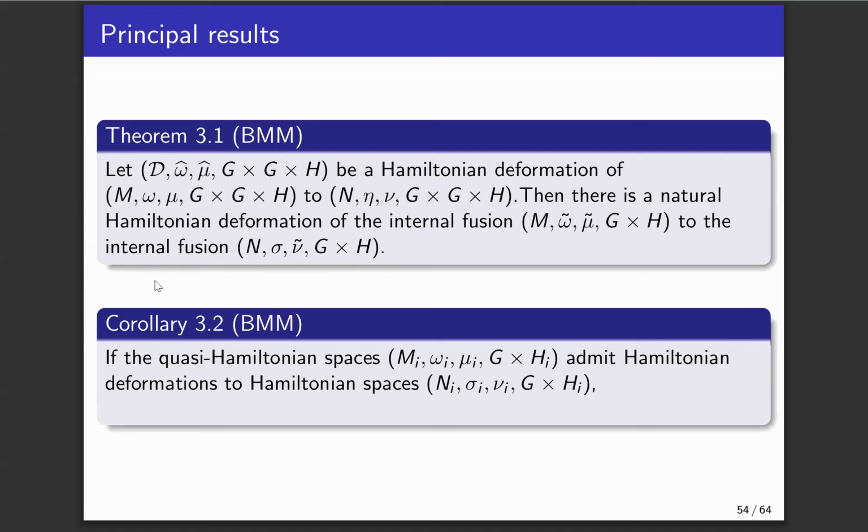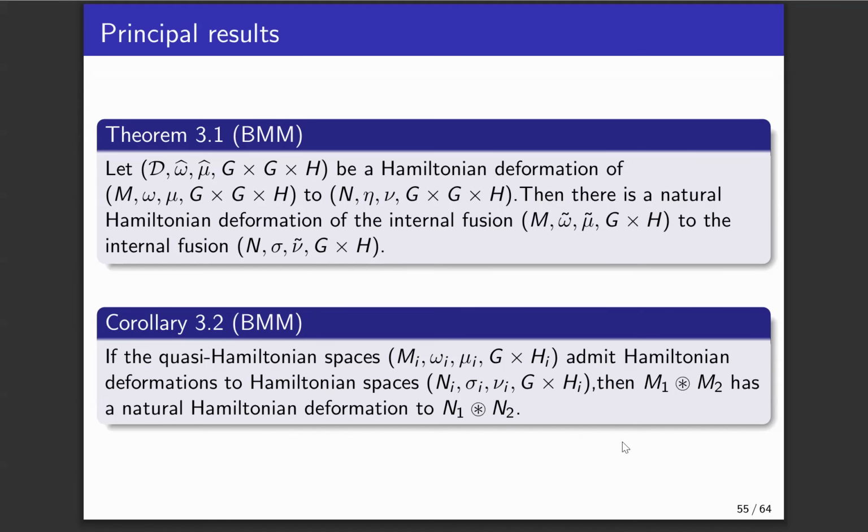And then the corollary of this theorem is that if we have two quasi-Hamiltonian spaces that admit Hamiltonian deformations to some Hamiltonian manifolds, then the fusion product of M1 and M2 also deforms in a smooth way to the fusion product of N1 and N2 in the Hamiltonian category.